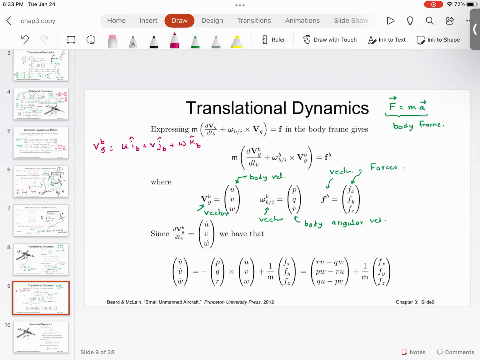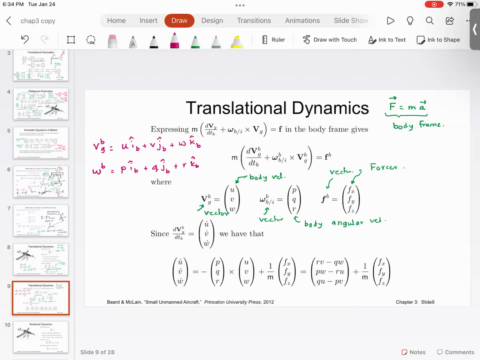So IB, JB and KB are the unit vectors in the body coordinate frame. Everyone understood this? I can also write omega B as P IB plus Q JB plus R KB.